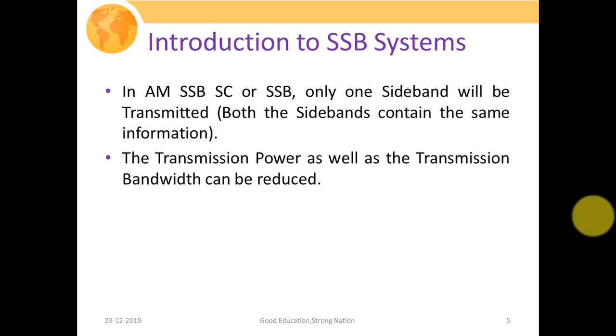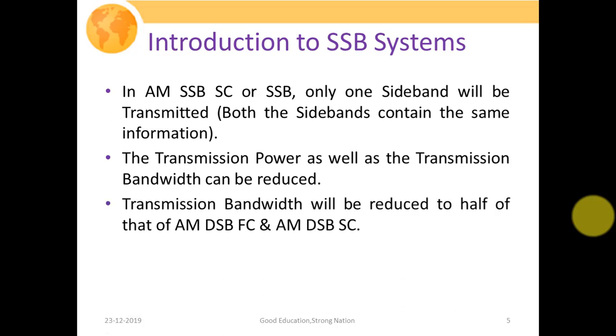That is, we are only allowing one sideband to pass since both the sidebands contain the same information. Now the transmission power as well as the transmission bandwidth can be reduced. Reasons we have already discussed. So the transmission bandwidth will be reduced to half of that of the AM double sideband full carrier systems and the amplitude modulated double sideband suppressed carrier systems.